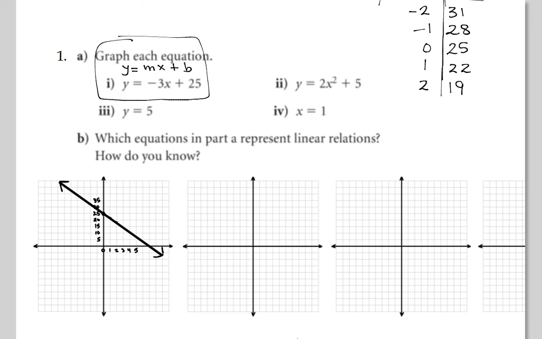When it was 1, it was 22. When it was 2, it was 19. I plot those points, then I connect with my ID card, like a ruler. Makes a straight line. And then I put the arrows on because I could pick any number for x, couldn't I? X could be any real number. That's why this goes on forever. And is it linear? This is linear.